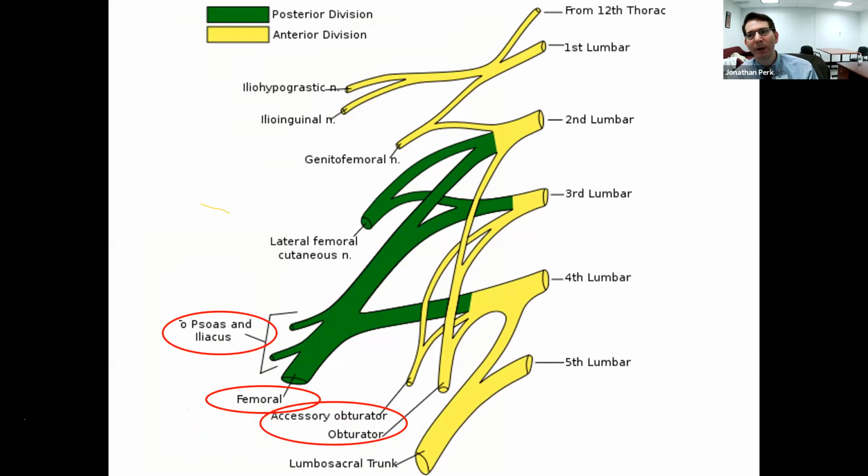So let's knock out 3 movements. In this case, it will be 2 movements of the hip and 1 movement of the knee. Now, why am I grouping them together? Even though they're not involved in one joint, that's exactly what we're saying all the time. The fact that we have joints doesn't mean that the joints are moved by the same nerves. What is important about knowing about these 3 different nerves, which we'll talk about specifically, is that the contribution to those 3 nerves are the same roots.